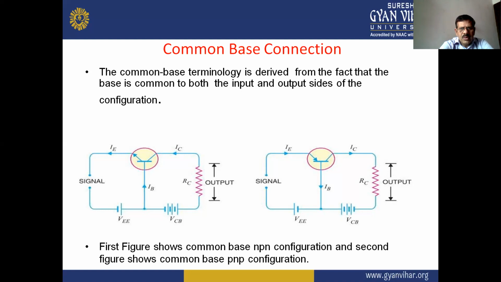The common base terminology is derived from the fact that the base is common to both the input and output sides of the configuration. The first figure shows the common base NPN configuration, and the second figure shows the common base PNP configuration. So these are the common base connections of a transistor.